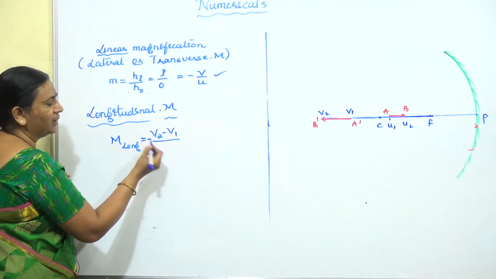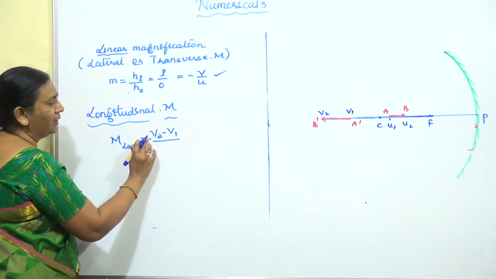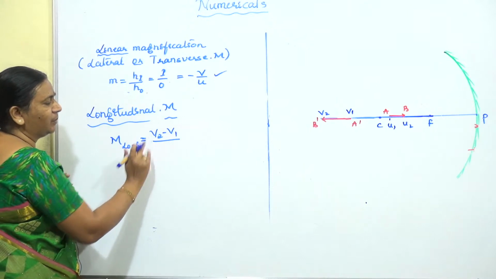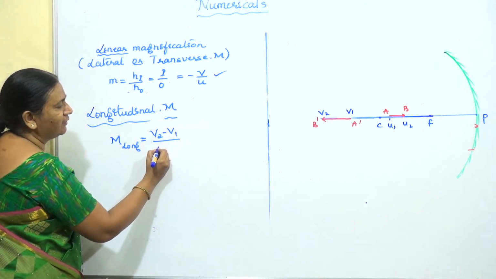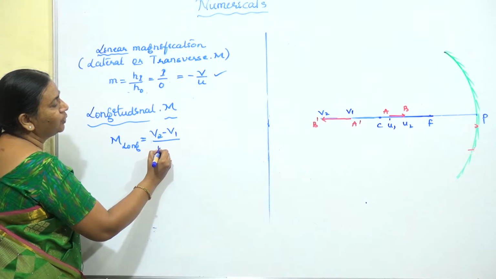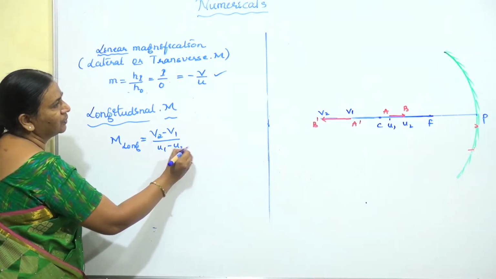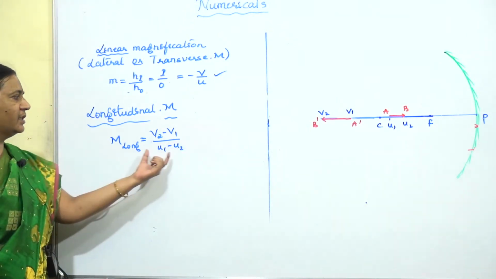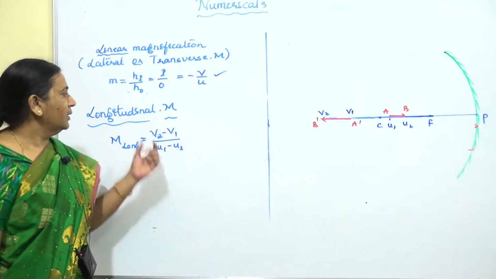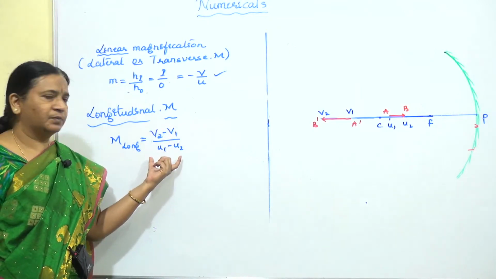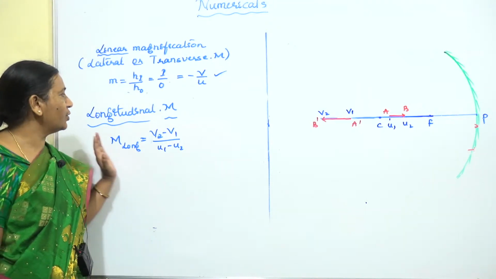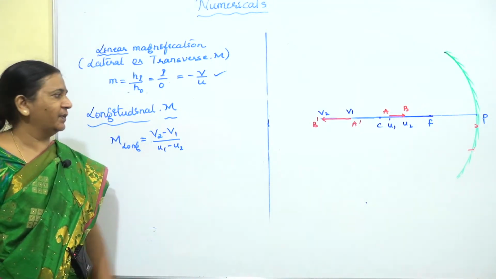Of course, minus should be there, or when you work it out you automatically get minus. You'll understand why you get minus. So V2 minus V1 divided by U1 minus U2. This separation and this separation, the image length and the object length. This is called longitudinal magnification.